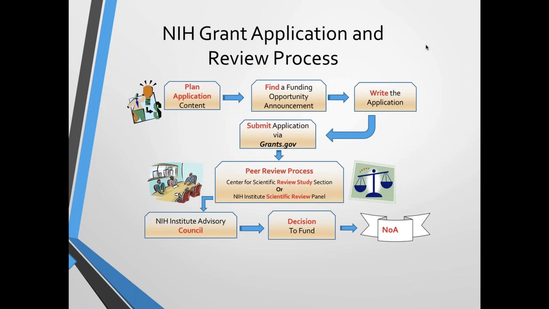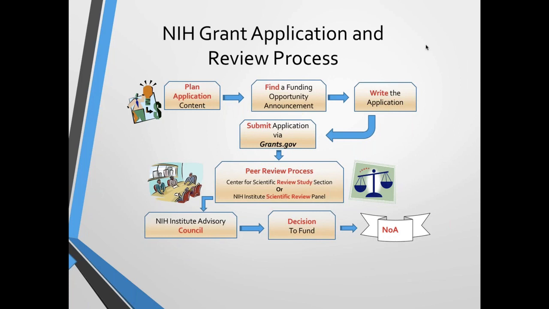Once it's in and everything is in order, it moves on to the peer review process. Your application may be reviewed by the Center for Scientific Review study section, or it could go directly to one of the institutes, and most of them have their own scientific review panel. NIH has a two-step review process.